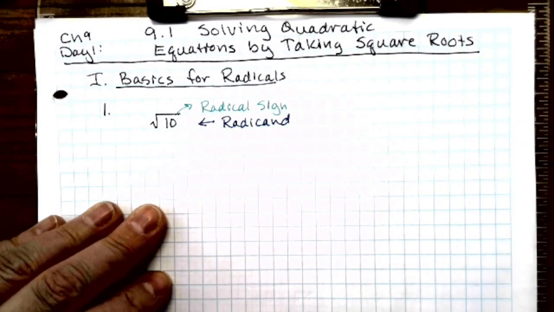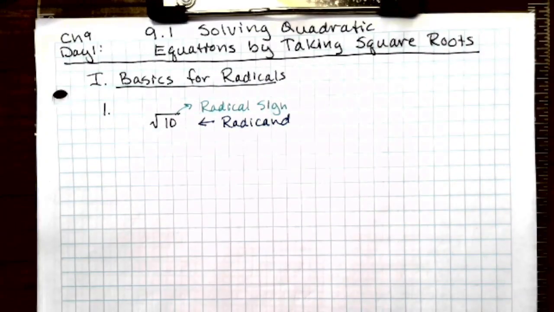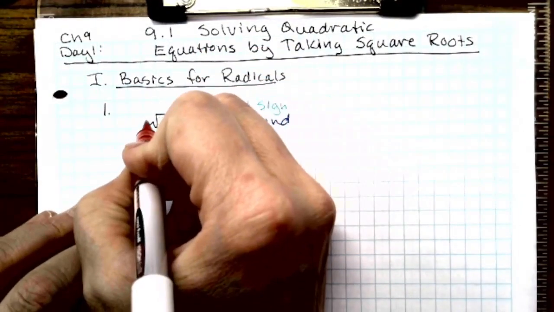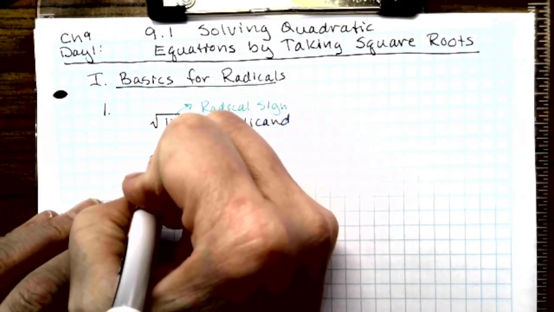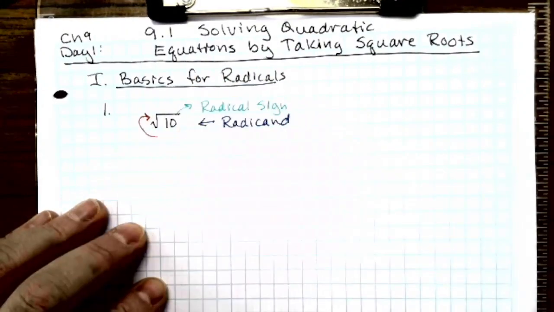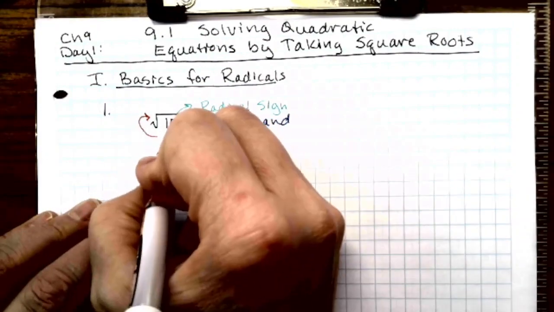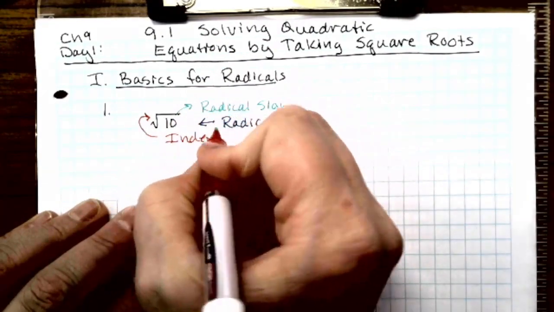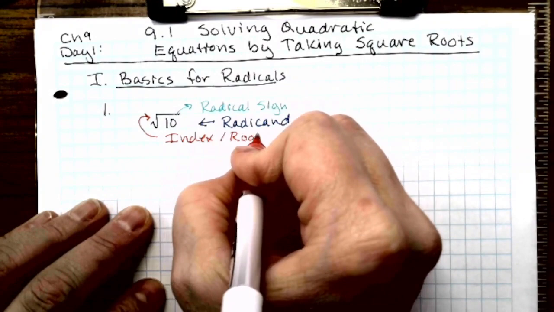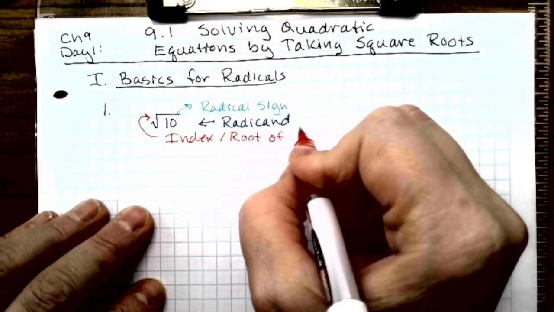And the invisible 2, or other number that isn't invisible, which will occur right there, a very small number, is the index or the root of the radical.